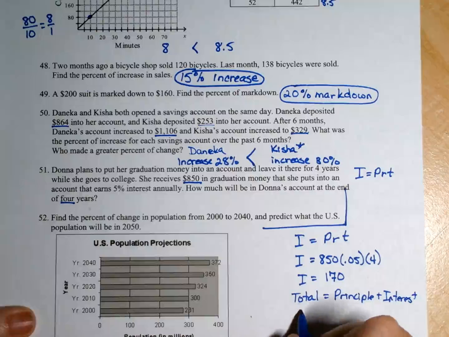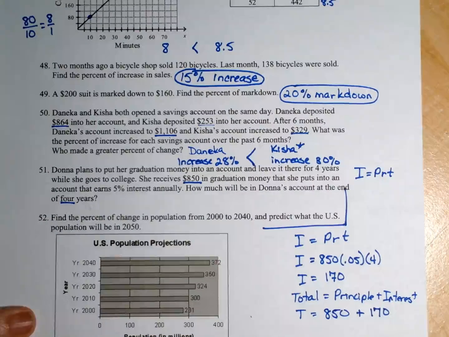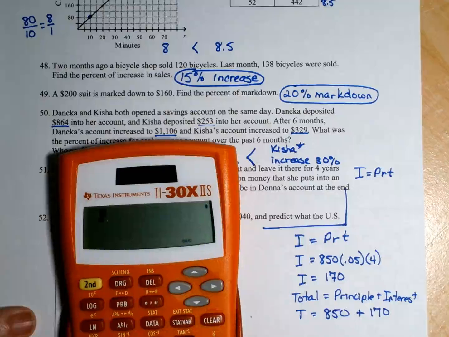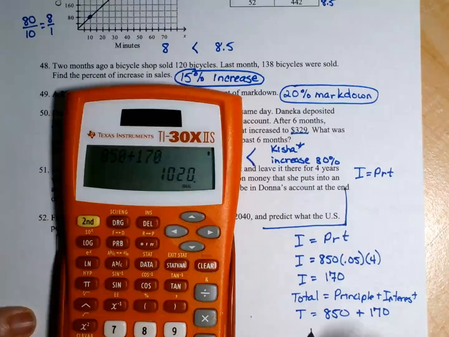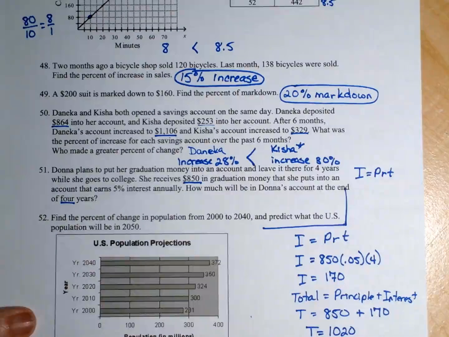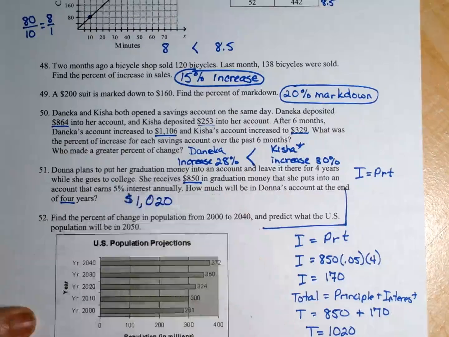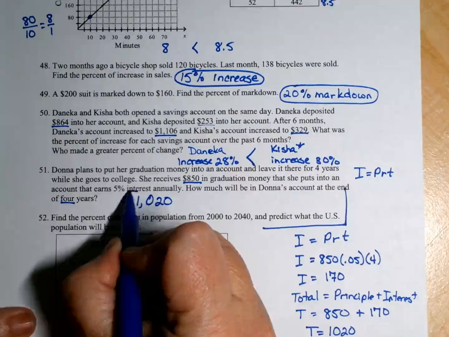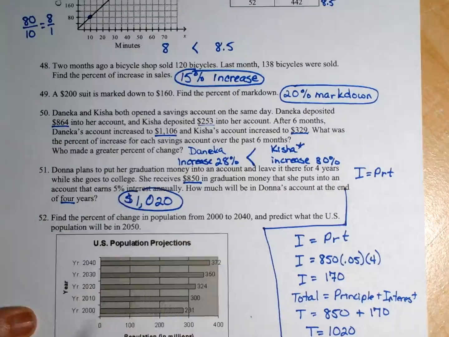So her total equals her $850 plus the 170, and I plug it into my handy dandy calculator. 850 plus 170 equals 1020. So how much money will be in her account at the end of 4 years? $1,020. Okay, let's block this one off so it doesn't get confused with whatever we're doing here.